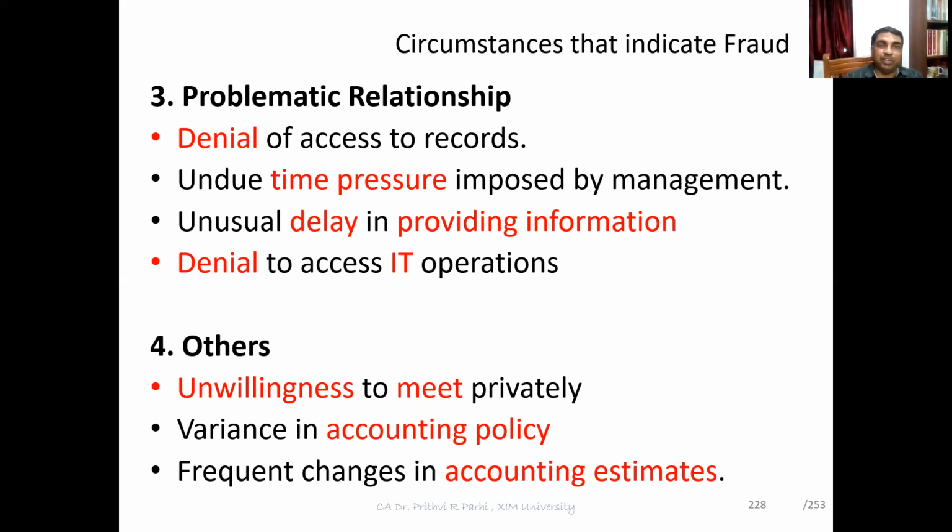That kind of undue time pressure also indicates there might be fraud. Or if there is unusual delay in providing information, either management is not providing information or there is excessive delay in provision of information, that also indicates a circumstance of fraud.